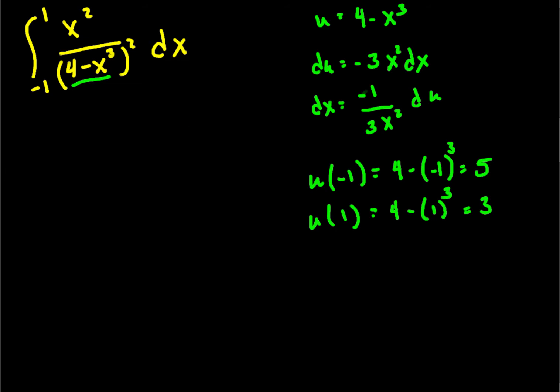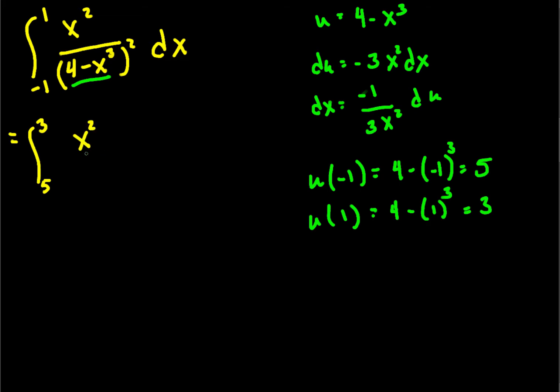So putting that all together, this definite integral is going to be the integral from, so instead of -1, we evaluate u at -1 and we get a 5. So the lower bound will be 5. The upper bound, we put a 1 into our u function and we got 3. So our upper bound is going to be 3.